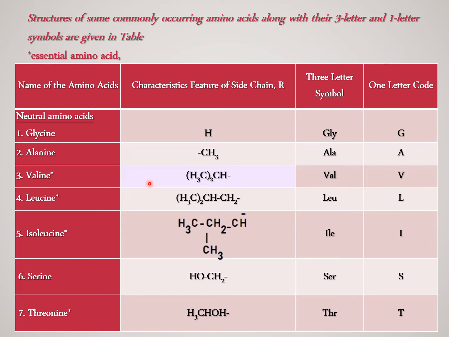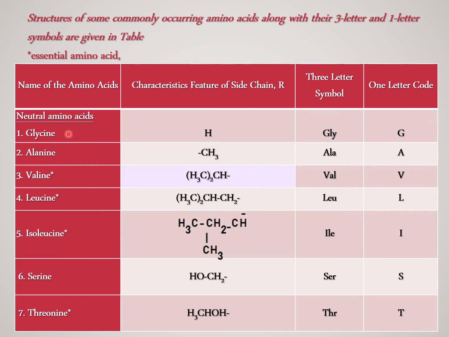Now, all the names of the 20 amino acids are listed as trivial names. The trivial names generally reflect the property of the particular compound or the source from which the compound is obtained. Let's take one or two examples.